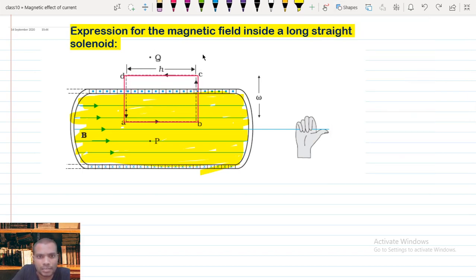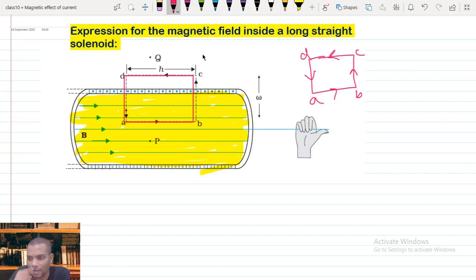Why was a circular loop not selected? Because for this system the circular Amperian loop is not a good choice. According to the magnetic system, we need to change the Amperian loop. This loop has side h.